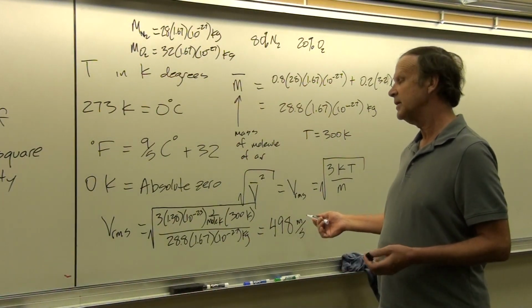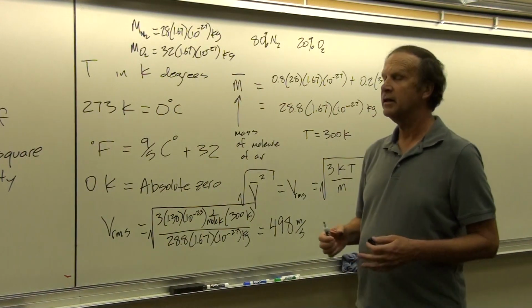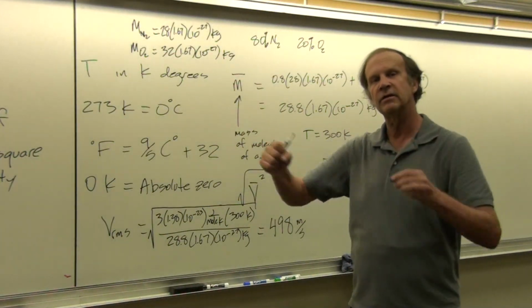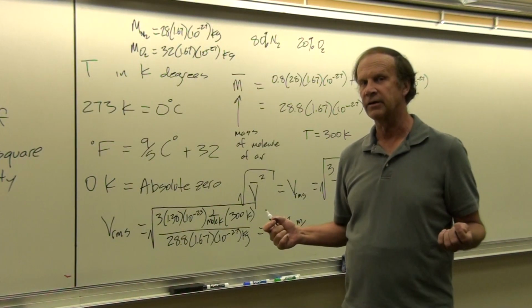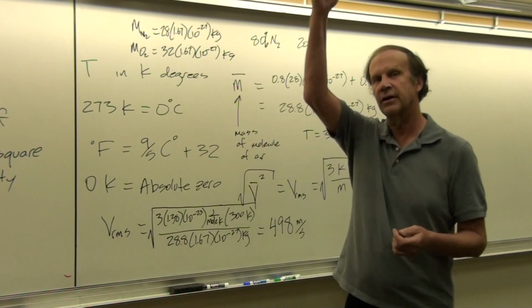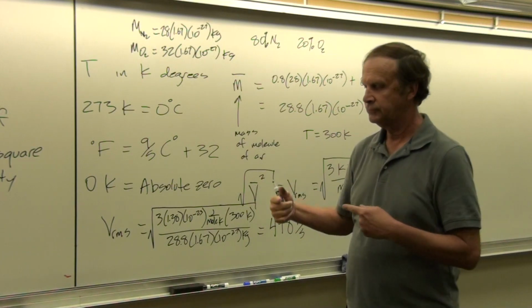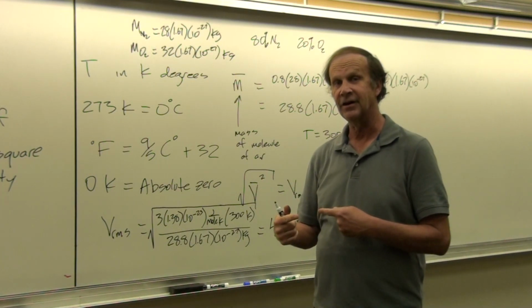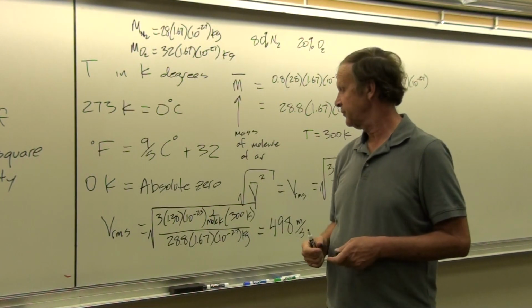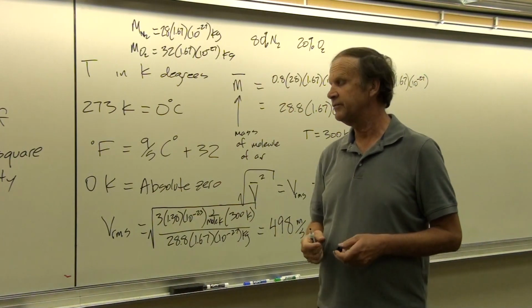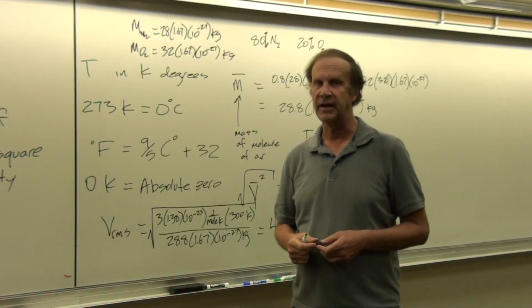So a typical gas molecule in this room right now is moving around, although it's not really going anywhere. It's going back and forth, bouncing around with average displacement that's equal to 0 because there's no wind in this room. But it's going faster than the speed of sound, 1,000 miles an hour.